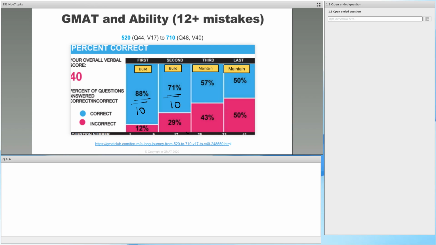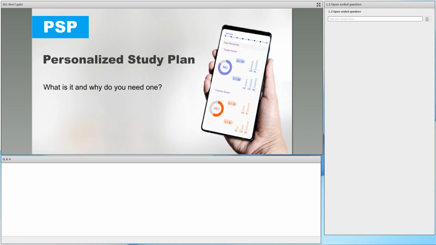In the first block, he got 88% right. In the second block, he got 71% right. Then he started making mistakes as the questions became harder. But despite that, he was able to get to a 91st percentile overall. Can you really see how, despite making mistakes, you can get to that high GMAT score?